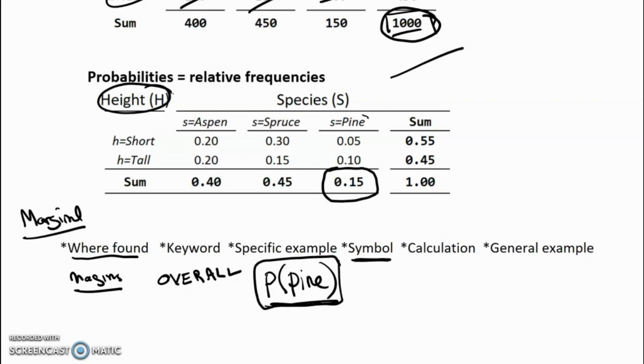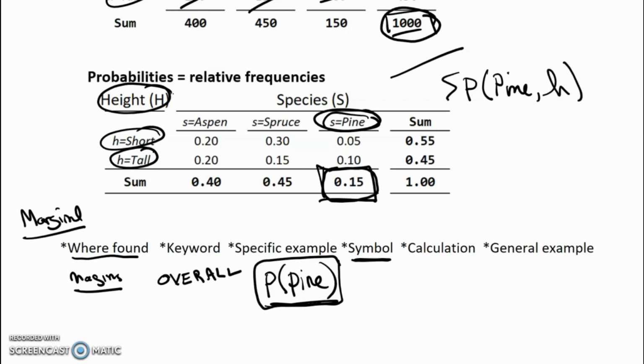We take the joint probability of pine and short and add it to the joint probability of pine and tall, and that gives us our answer. In terms of notation, we're taking the probability the tree is pine and in some height class, and summing it up over all the different height classes.